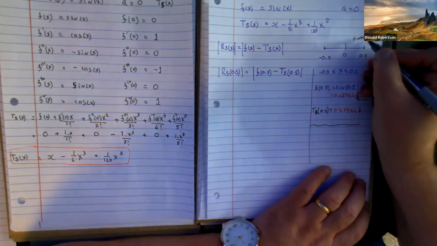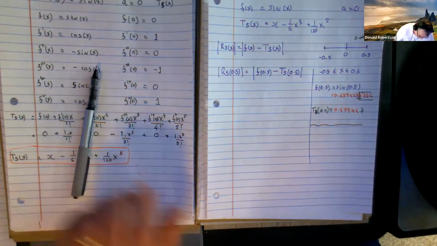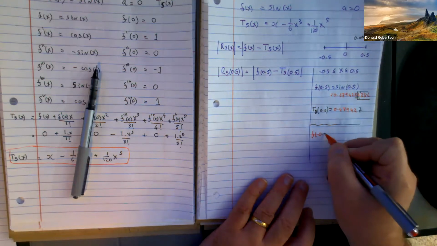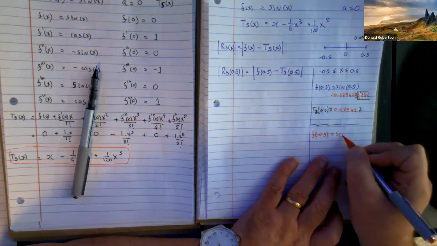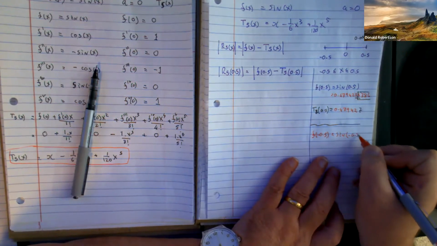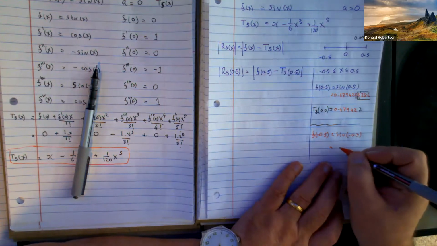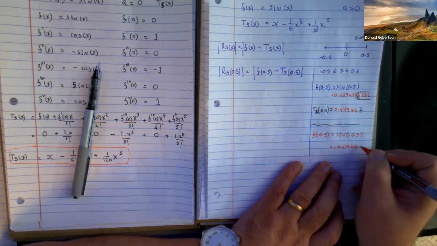Now I'm going to do that other one, and that happens to be the sine of negative 0.5. And I don't need the calculator for that because I know what the answer is going to be. It's going to be negative 0.4794255386.